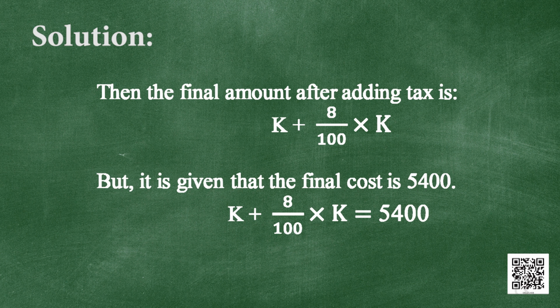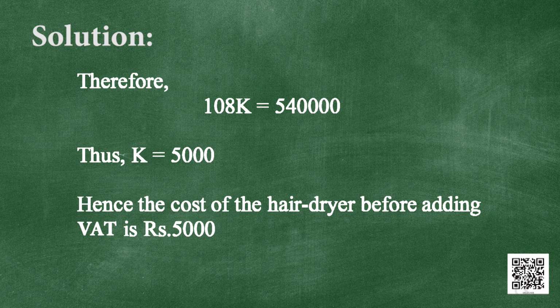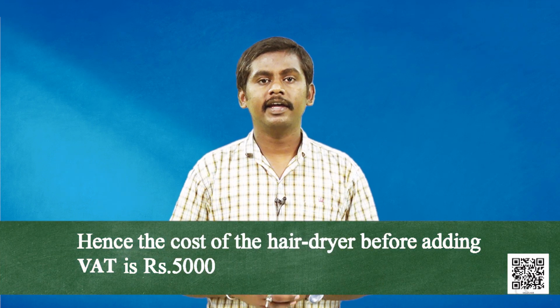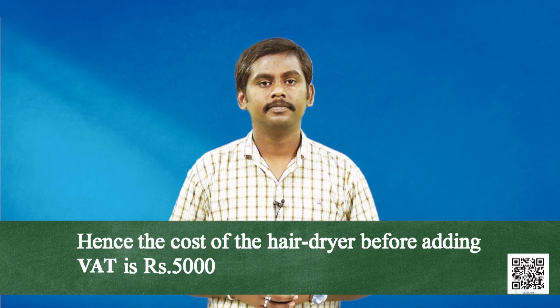Therefore, K plus 8 by 100 multiplied with K is equal to 5400. Therefore, on simplification, we get 108K is equal to 5,40,000. So, we get K is equal to 5000. Students, therefore, the cost of a hair dryer before adding VAT is rupees 5000.